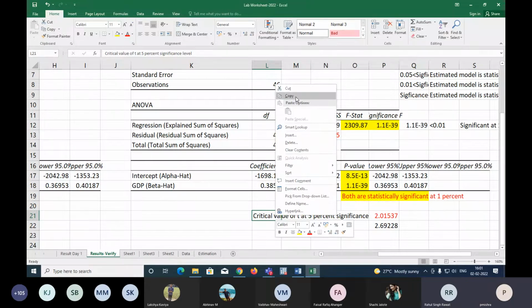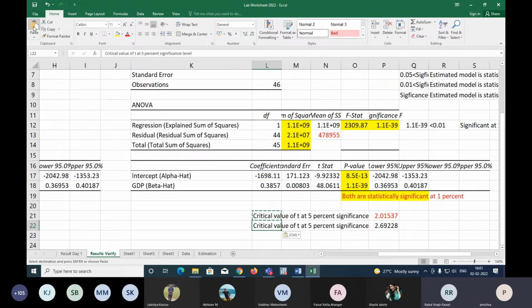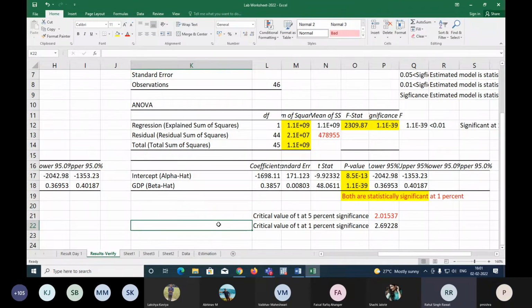What I'll do, I'll suggest you use the data set I shared with you yesterday, and select any independent variable with ROC being the dependent variable, and try to fill in this template on your own. In the next half an hour, 40 minutes, let us do this.